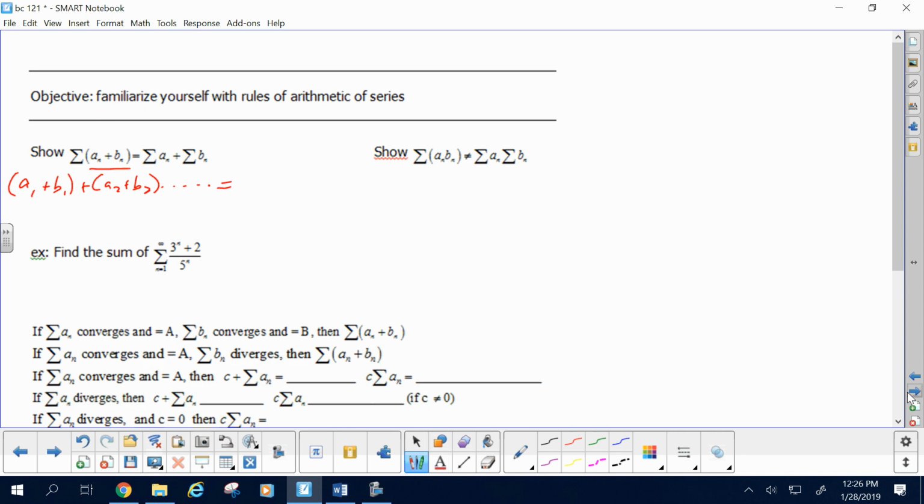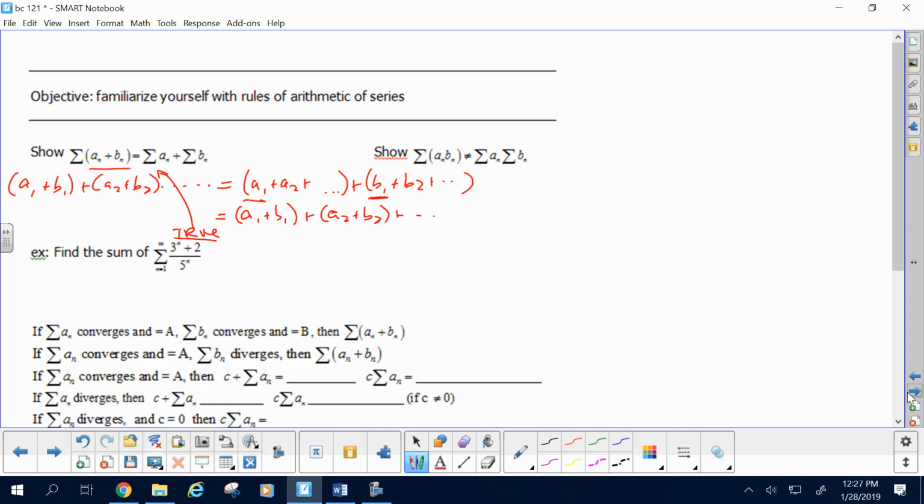The right side would be A1 plus A2 plus A3, cha-cha-cha, and B1 plus B2 plus B3, cha-cha-cha. Well, couldn't I rearrange that and put the A1s and B1s together and the A2s and B2s together by the associative or commutative property, sorry.